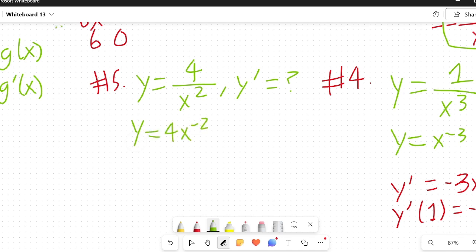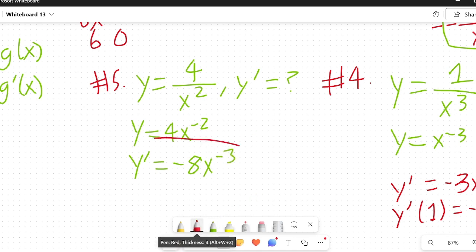Essentially what our constant multiple rule says is that we can treat the 4 as if it's not even part of the thing, and then we just multiply by 4 at the end. So we would just take -2 out of the top like we always do. So y prime would be equal to -8, because we multiply by this constant multiple out in front, and then we reduce the power by 1. So our final answer will look something like this.